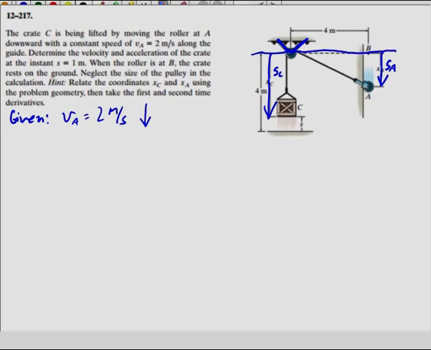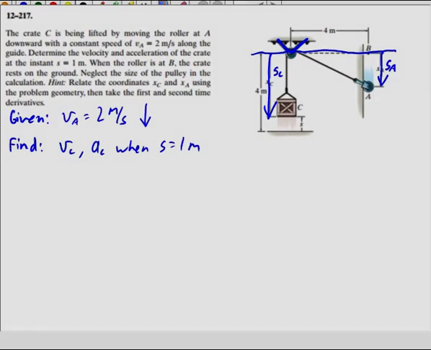Determine the velocity and acceleration of the crate at the instant S equals 1 meter. So we're supposed to find the velocity of the crate and the acceleration of the crate when S equals 1 meter. When the roller is at B, the crate rests on the ground. That's another one of our givens, and that one we're going to have to do some investigation to see what that means.